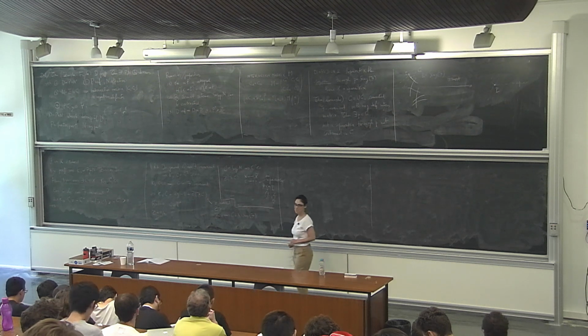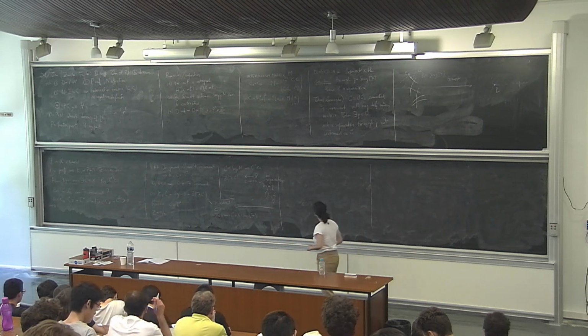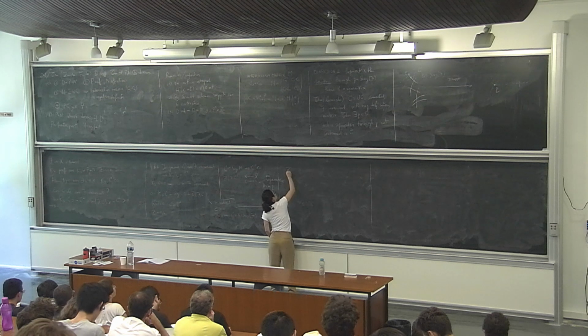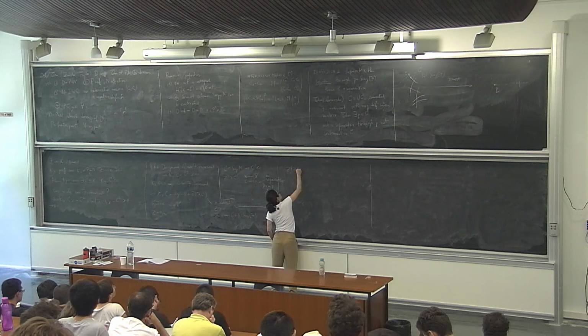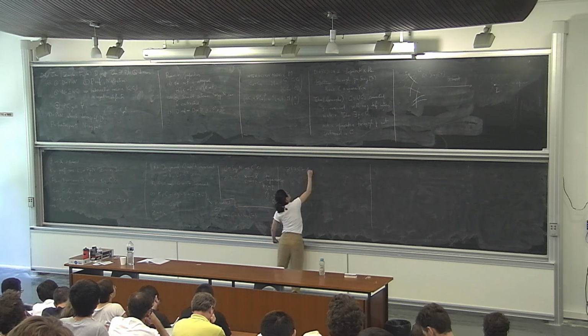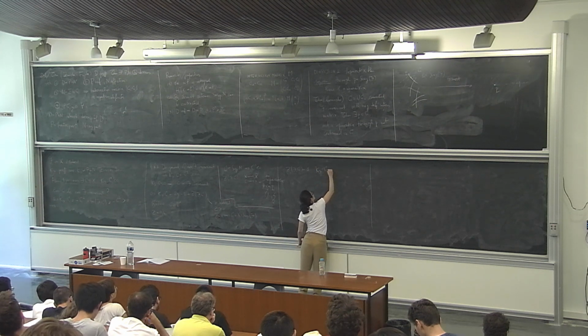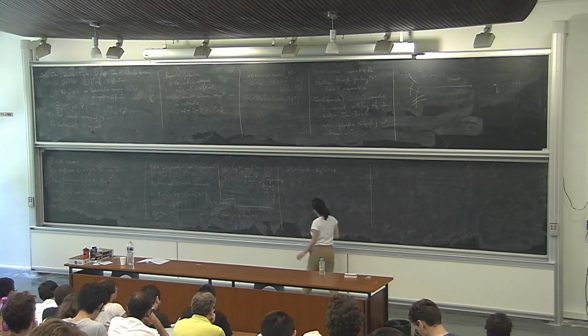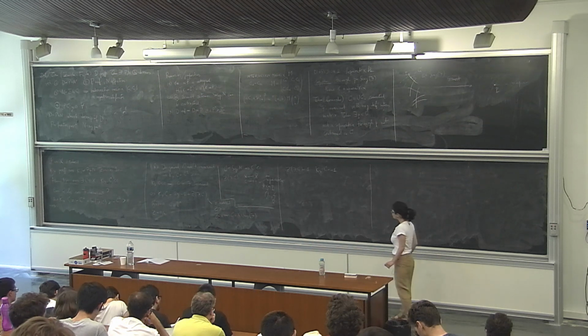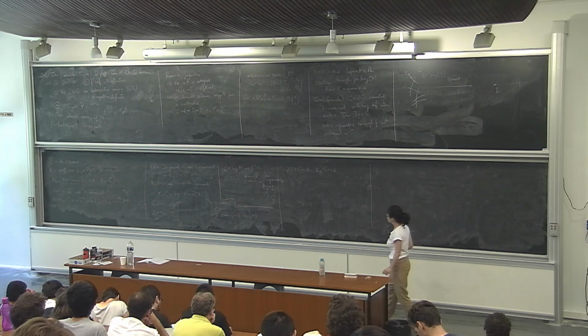OK, so the only possibility is Z equal 1, and K_F.C is -1. And now there is a fact I will not prove.